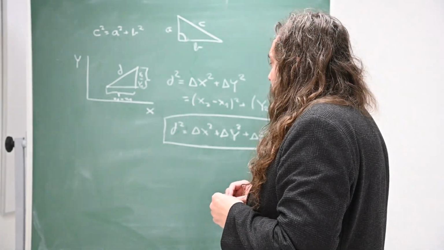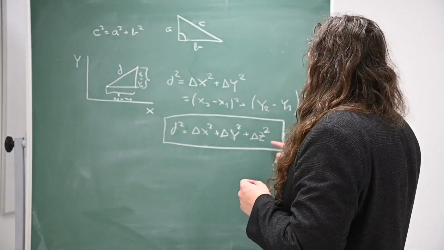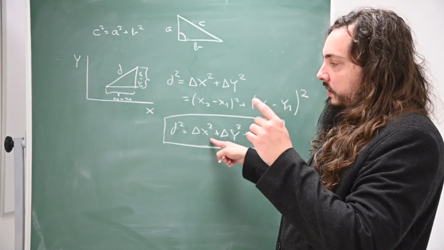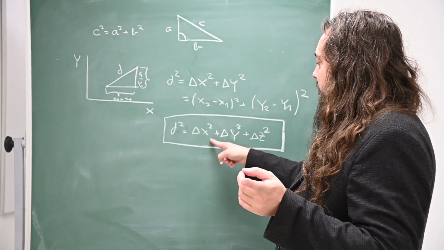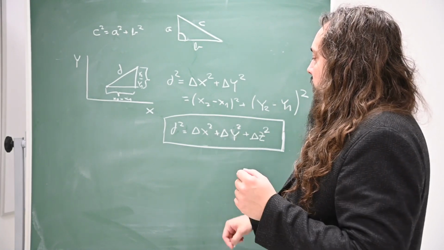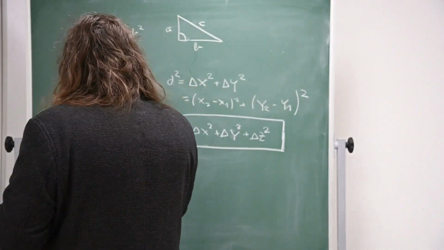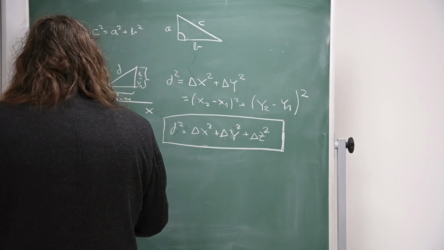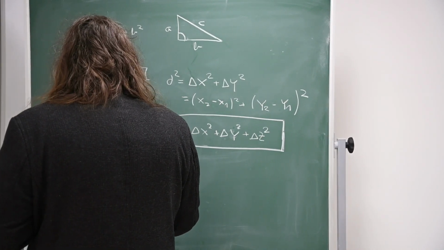So, this is good for flat space-time, but this is not the solution of the aforementioned Einstein's equation in vacuum. But the following is. So here is the real solution.